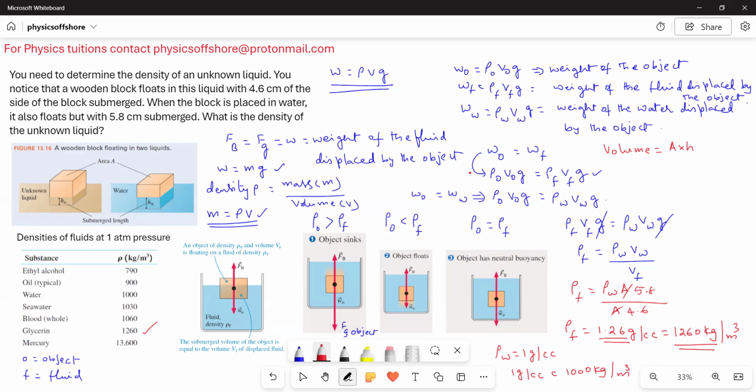First we place the object in the unknown liquid, and then later in the water.